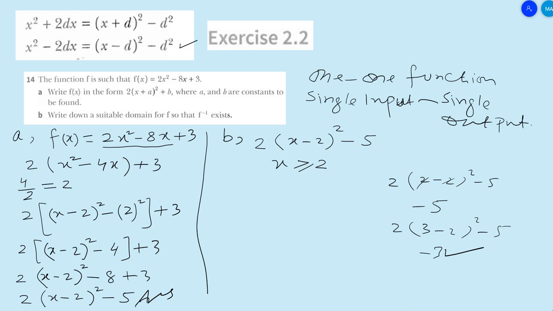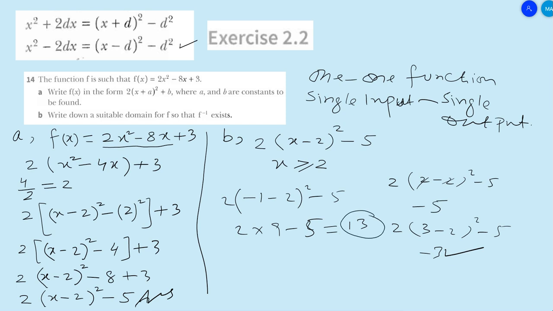Because, for example, if I take minus 1: minus 1 minus 2 whole square times 2 minus 5. Minus 1 minus 2 is minus 3. Minus 3 square is 9. 9 into 2 is 18. 18 minus 5 is 13.